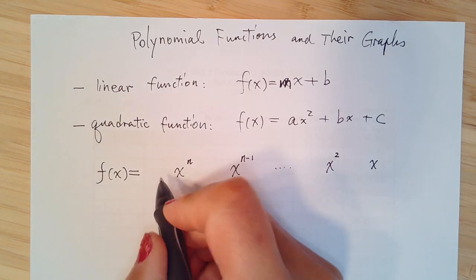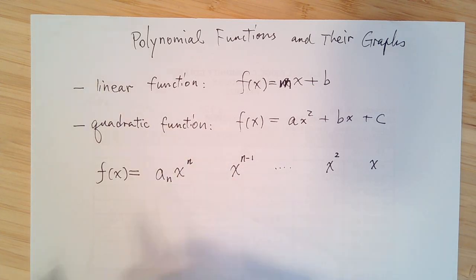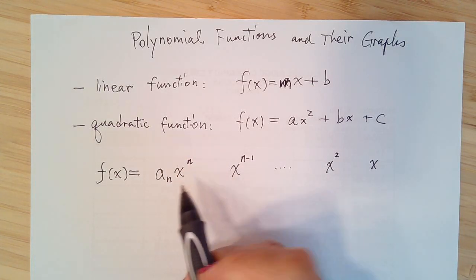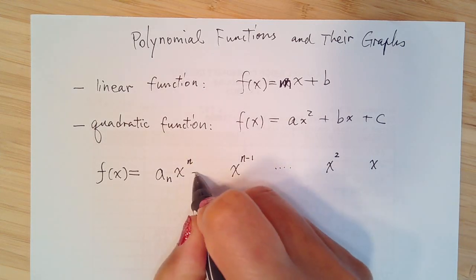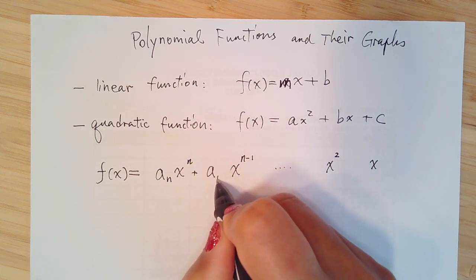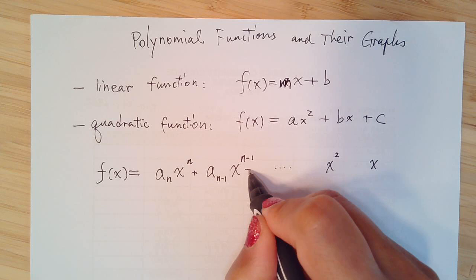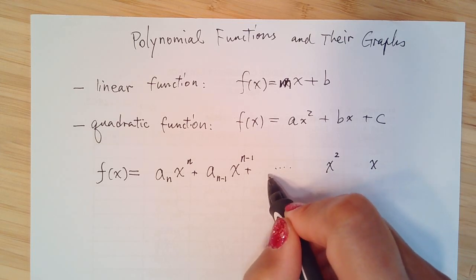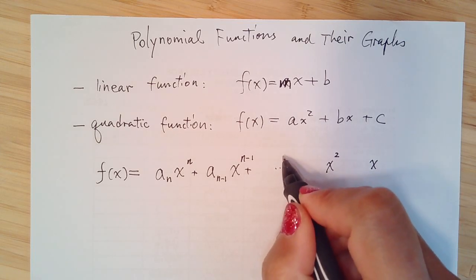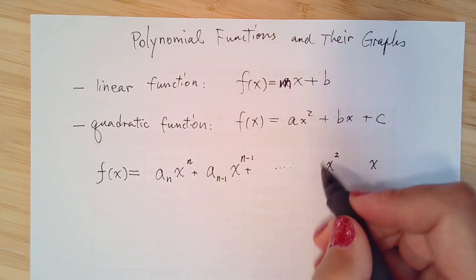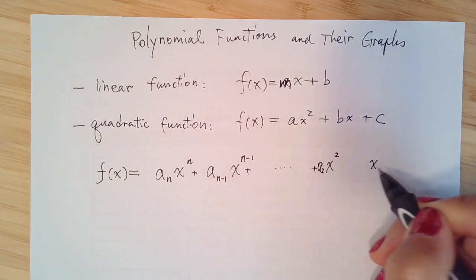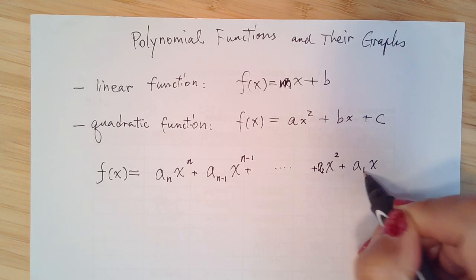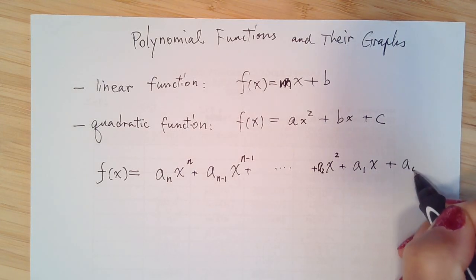We are going to use a n. It's just a little notation. So a n means the coefficient of the x to the nth power term, and then plus a n minus 1, and of course plus the next one, a n minus 2 times x to the n minus 2 power, and all the way to a2, then a1, and the last number is a0.